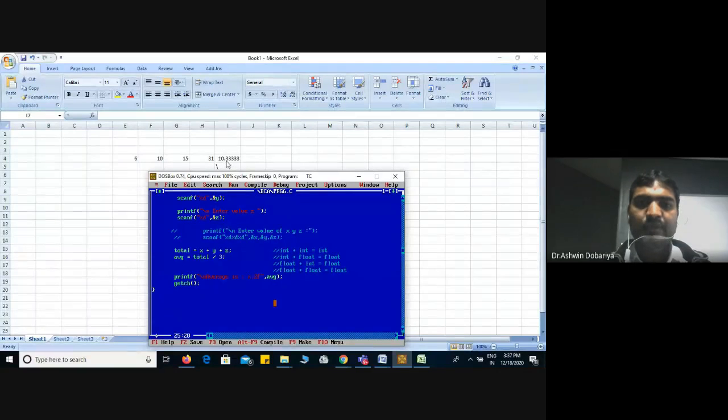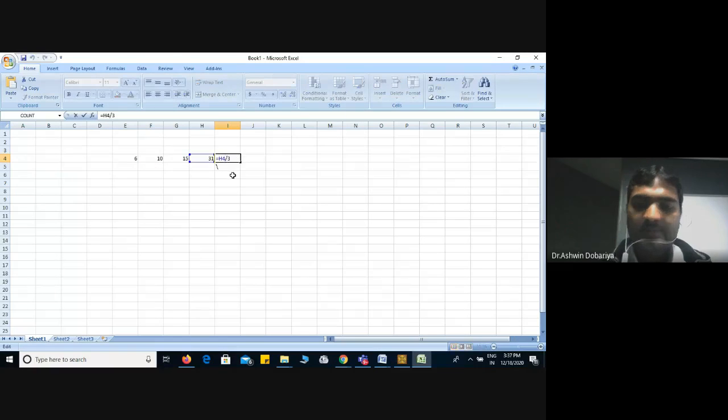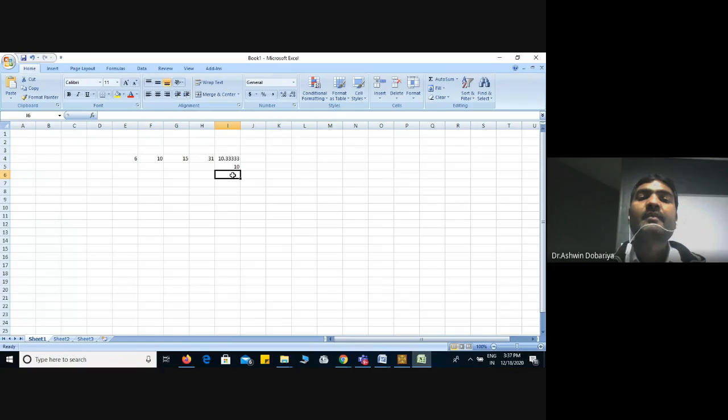So actually 31 divided by 3, the actual answer should be 10.33. But here total is an integer, 3 is also an integer, so it will ignore the decimal point. It will give me only 10. It will ignore this 0.33.